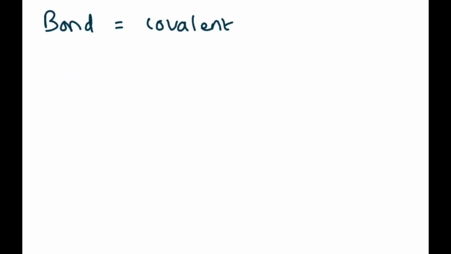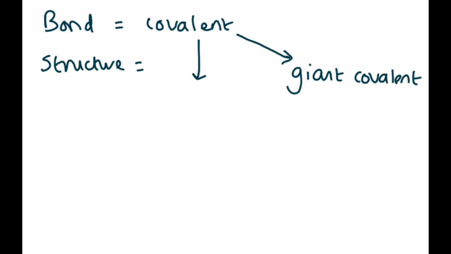Now for covalent, if the bond between the atoms is covalent, then there are two possible structures. You can have giant covalent, so for example diamond, which has carbon in a tetrahedral structure.